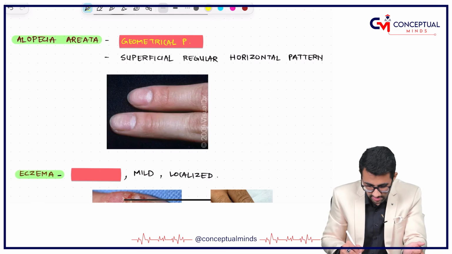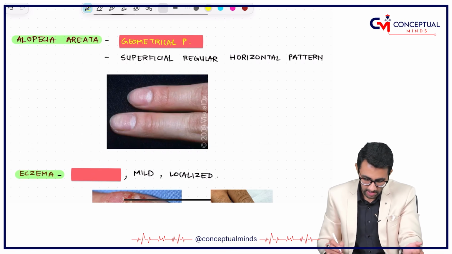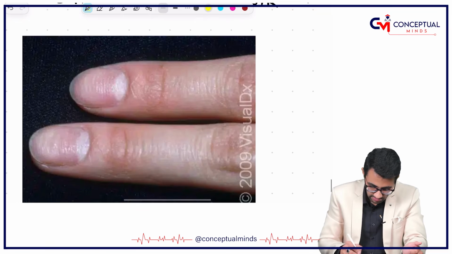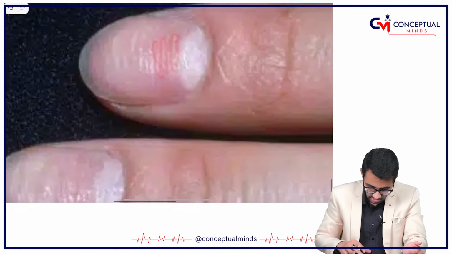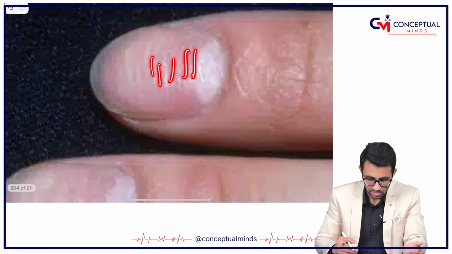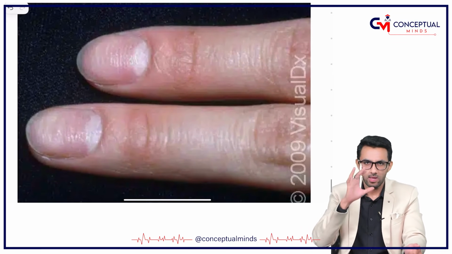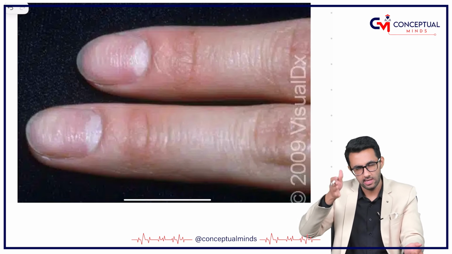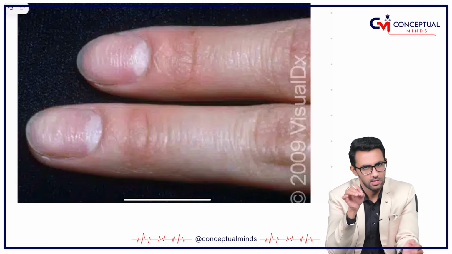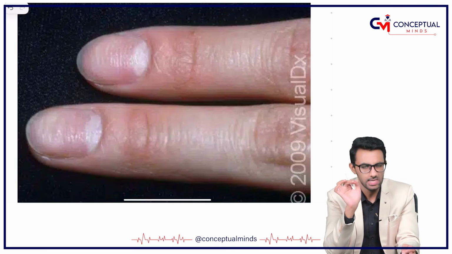A geometrical pattern is seen. This geometry is about these horizontal lines, as you can see. Definitely this image is not that clear, but if you look from this point, you can make out some horizontal lines formed because of the pits. That much is clearly visible.